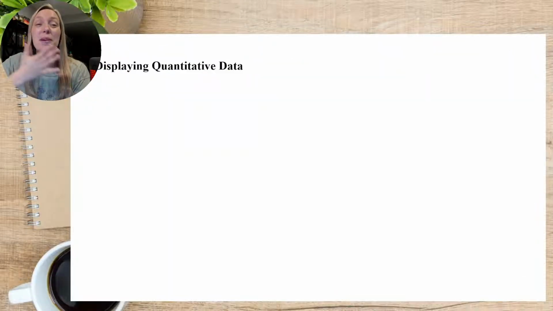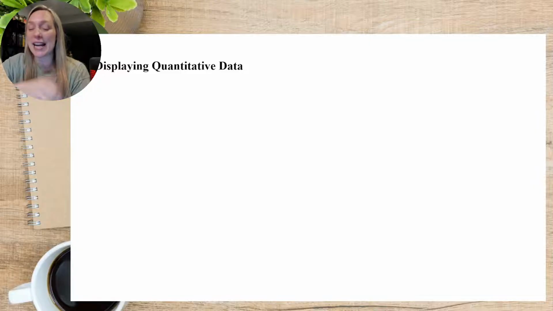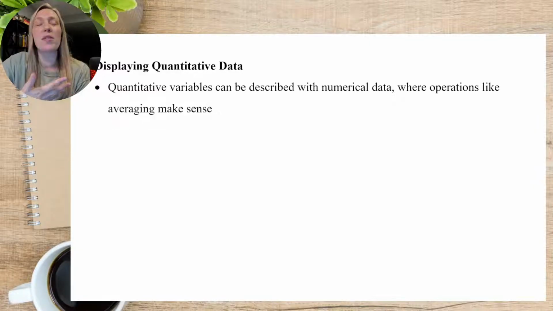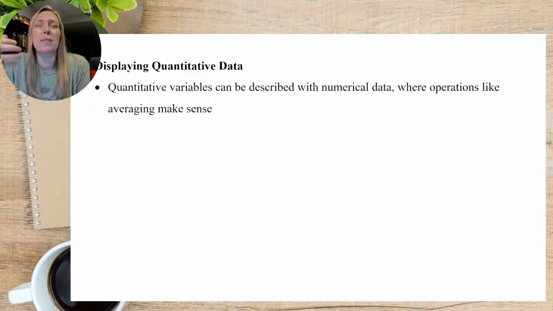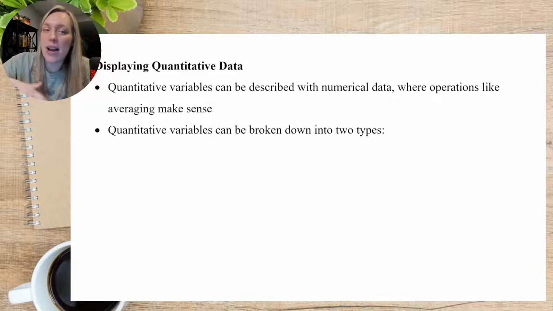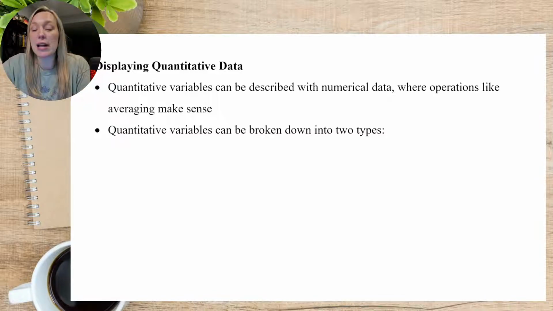So starting off with displaying quantitative data in general. We've talked about how quantitative variables are used with numerical data, and the way we determine if something is quantitative is where operations like averaging make sense. Quantitative variables can be broken down into two types.